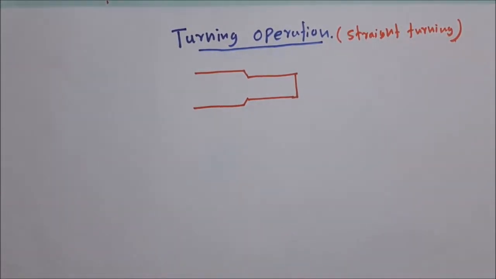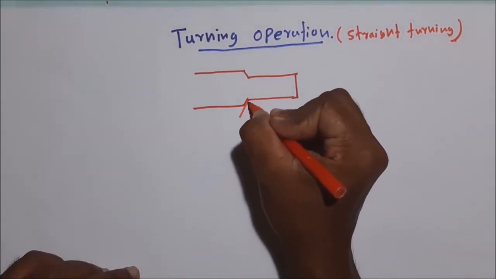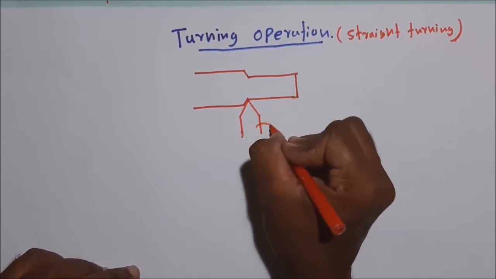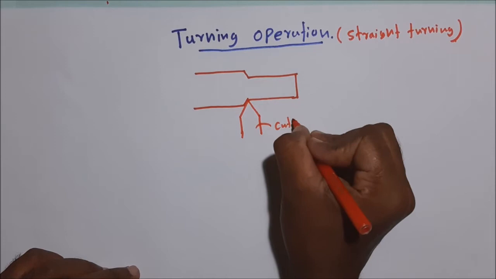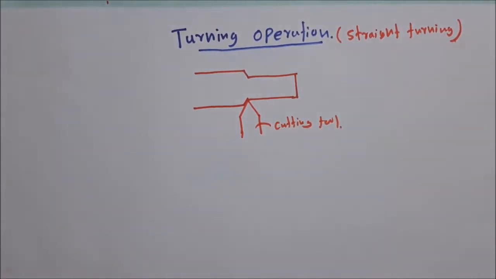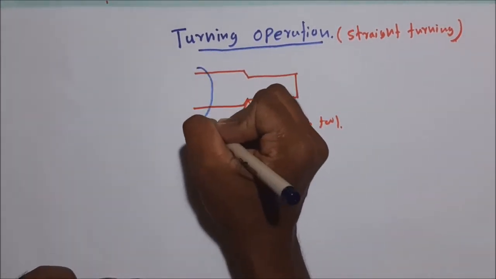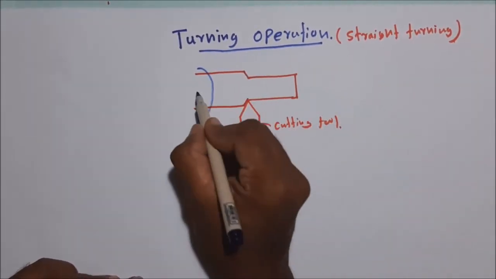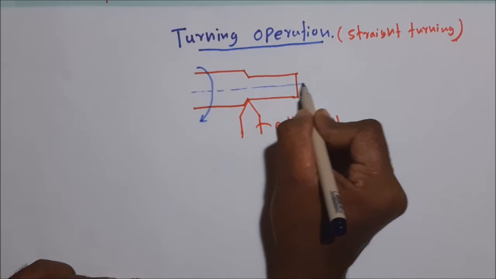This is the cutting tool. The workpiece rotates against the cutting tool to remove this layer. This is the rotating axis of the workpiece.